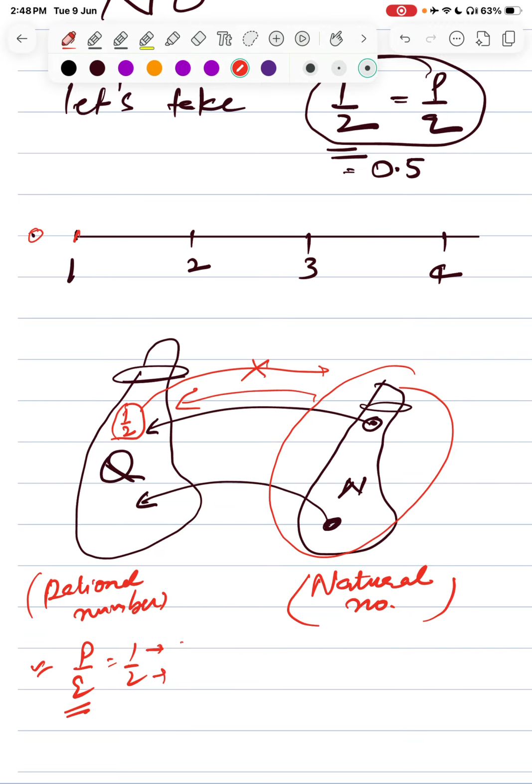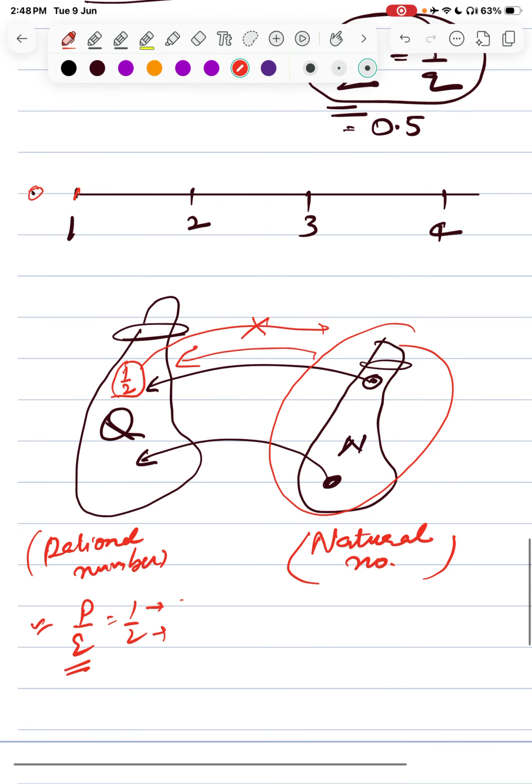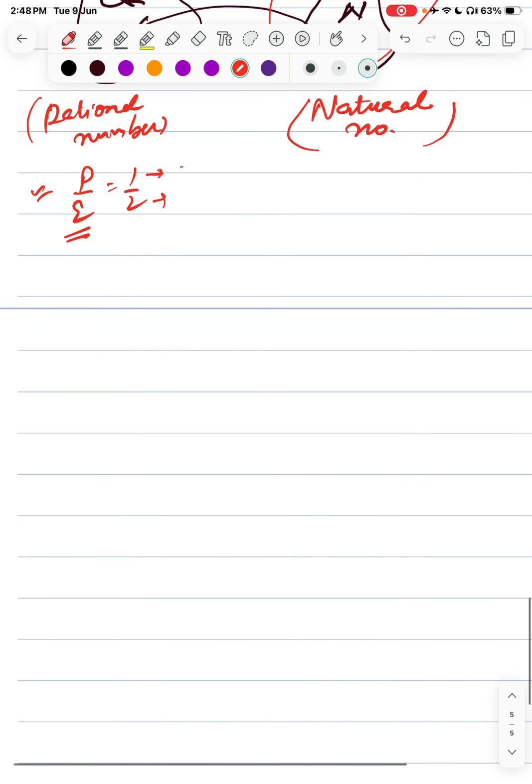So that means there are some numbers in the set of rational numbers which are not natural numbers. That means natural numbers are contained in rational numbers. This is the sign of containment.